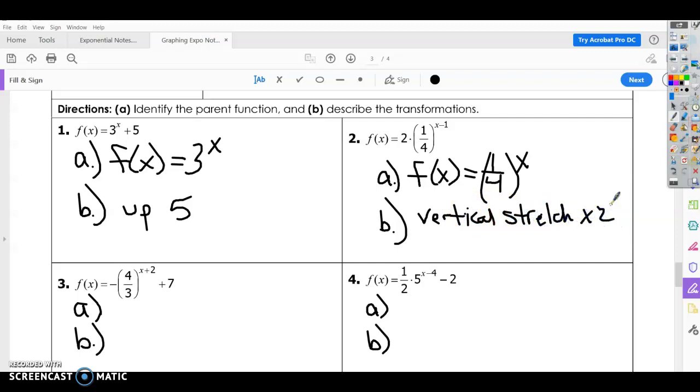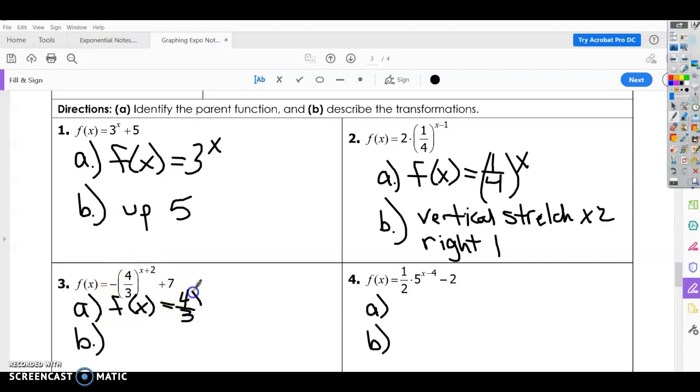Times 2. And we have a 1, so this negative 1 is actually going to move us right 1 unit.